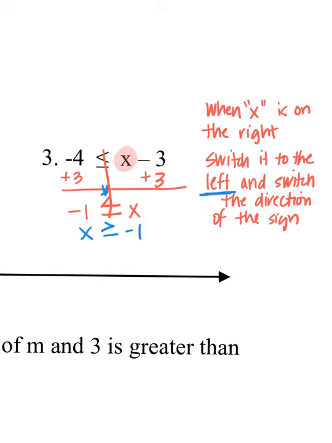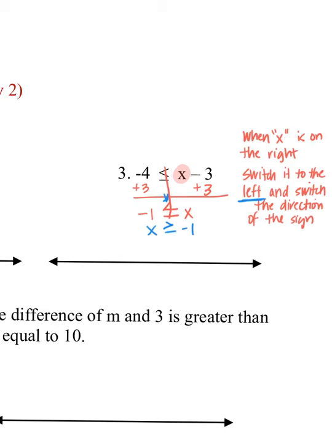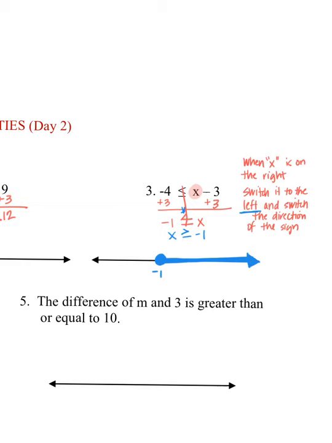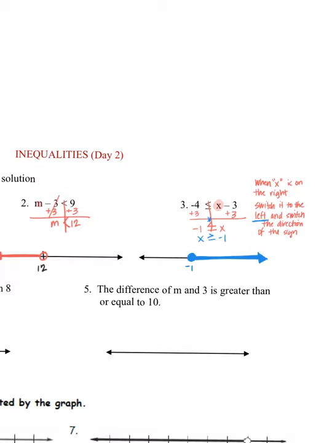Those are saying the exact same thing, but I like to read it with the x on the left. So again, here I can just put a -1, and it's greater than or equal to -1. So my line is going to go this way. And you'll have time to practice that when x is on the left. But we just need to remember to switch it and then change the direction of the sign.